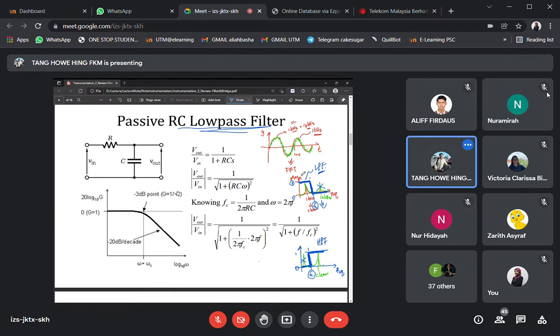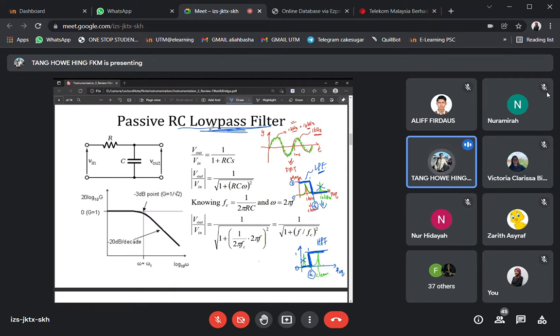Okay, any questions? All right, if you don't have any questions, now we will move on to the applications of the low-pass filter.